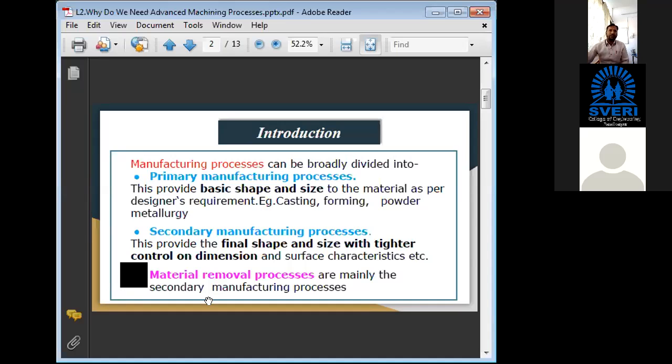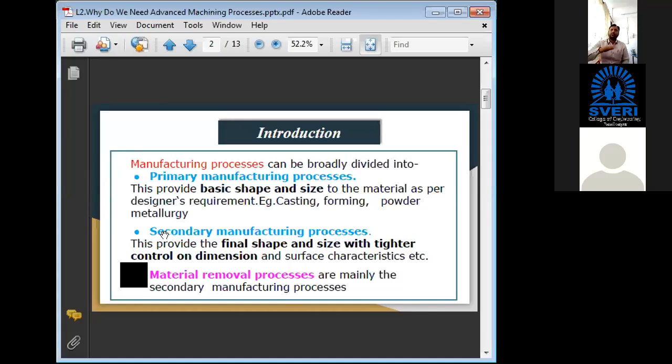The second group of manufacturing processes is the secondary manufacturing process. These secondary manufacturing processes provide the final shape and size with tighter control on the dimensions.